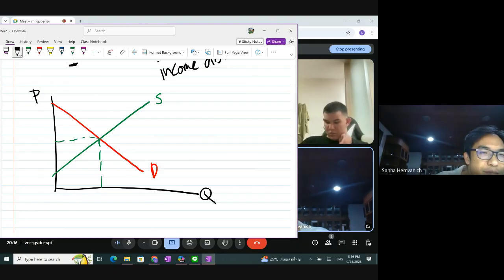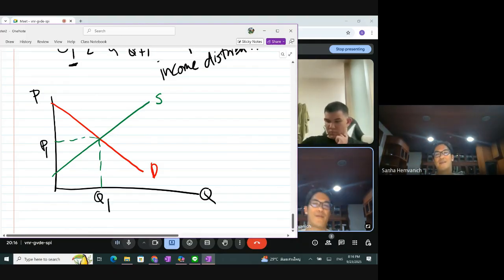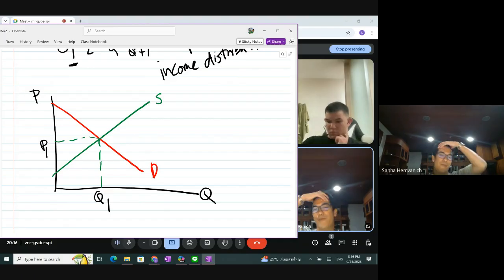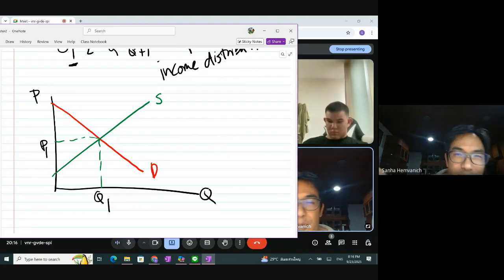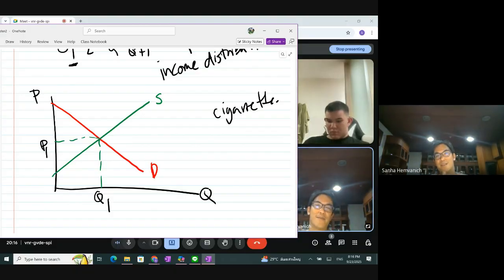So this is P1 and Q1. Now we're using cigarettes as an example. So the good is cigarettes. And according to this, we should produce Q1, and the price of cigarettes should be P1. That is just the market for cigarettes.